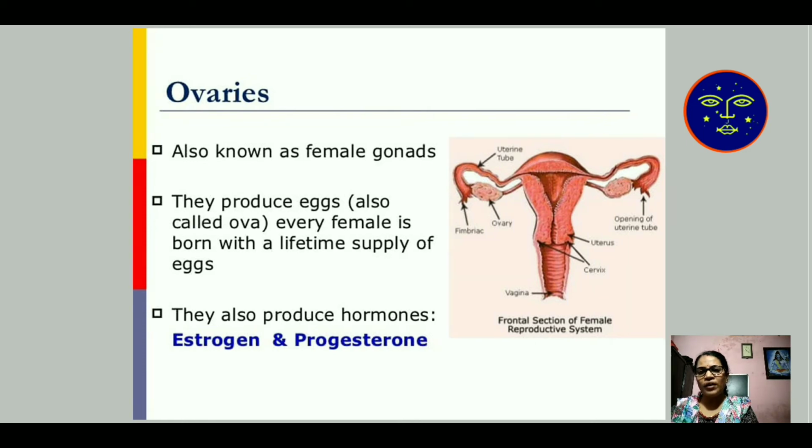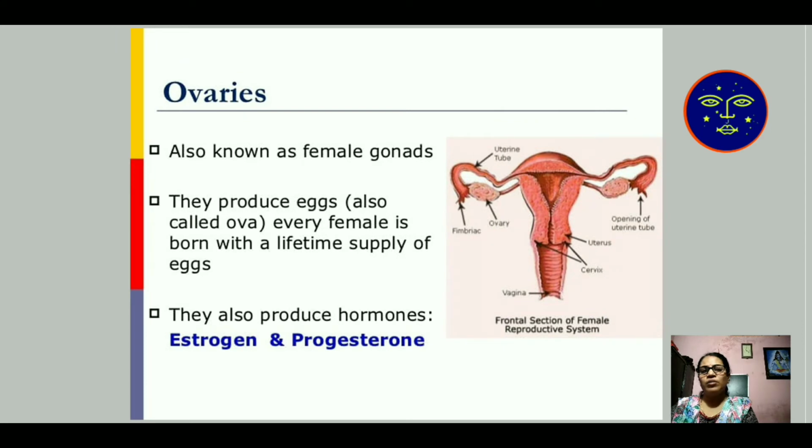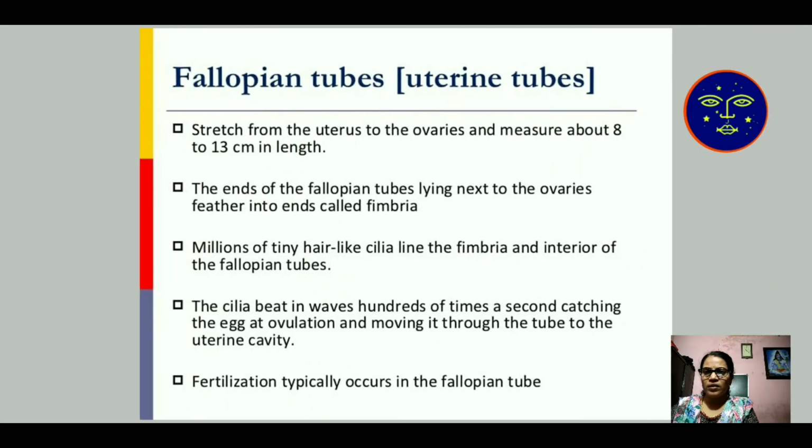Here is the ovary. The ovary is in contact with the fallopian tube, and when the ova mature they go to the fallopian tube, and when sperm comes the zygote is produced inside the fallopian tube. The fallopian tubes stretch from the uterus to the ovaries and measure about 8 to 13 centimeters in length.